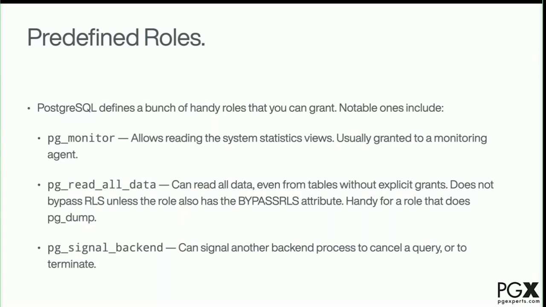This is handy for a role that does pg_dump, so it can read everything without having to grant superuser permission or something like that. And the last one is pg_signal_backend. Normally you need to have superuser permissions to signal a backend, or be that same user. This allows you to create things like DBA roles that can signal a backend to use pg_cancel_backend and pg_terminate_backend.